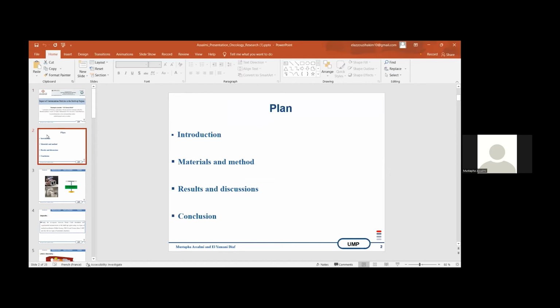After the introduction, the second part will be devoted to the methods and materials used in the preparation of this work. Then the third part will focus on the results and discussion, and we will end with the conclusion of this work.